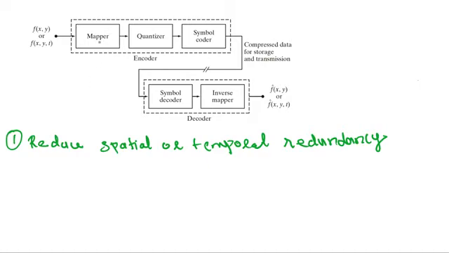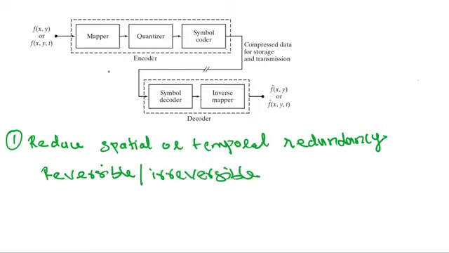Most of the time this mapper stage can be reversible or irreversible. Reversible or irreversible means that once you have done the mapping stage, the numbers you get after it may not be reversed back to the original f of xy.